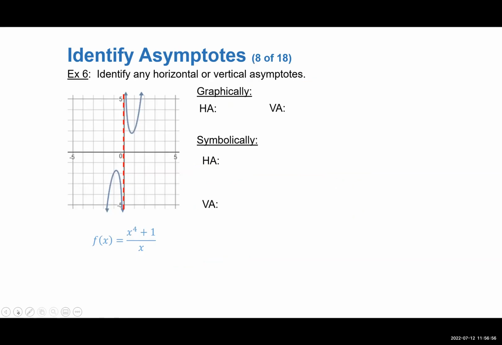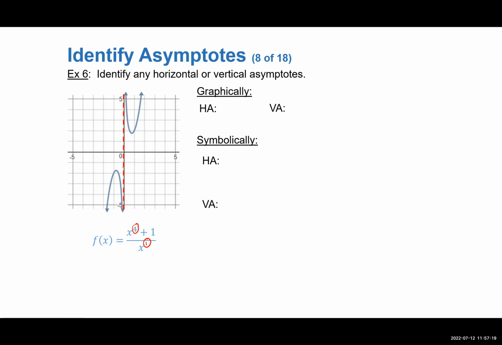All right, so example 6, this one we're going to be looking at graphically. What do we see? So we see that there is this function, and we can tell by our rules that this is top heavy. And so when it's top heavy, there are no horizontal asymptotes.